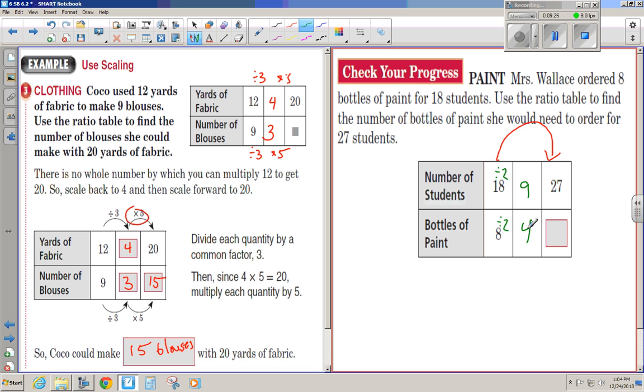And the reason we divided by 2 was because 9 times 3 gives us 27. So if you do the same to the bottom, you get 12. So that means you could have 27 students with 12 bottles.